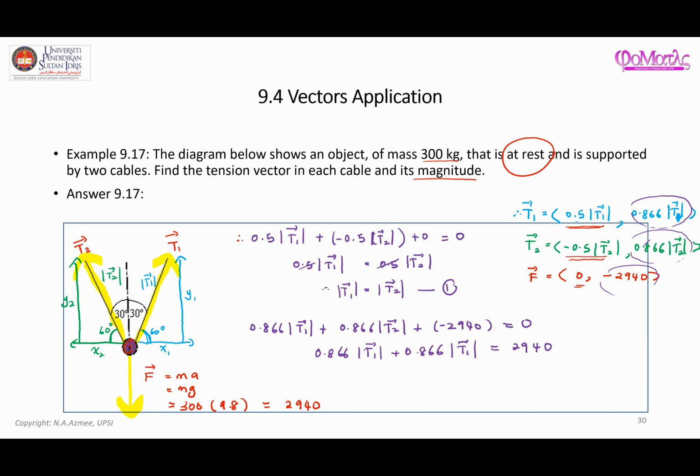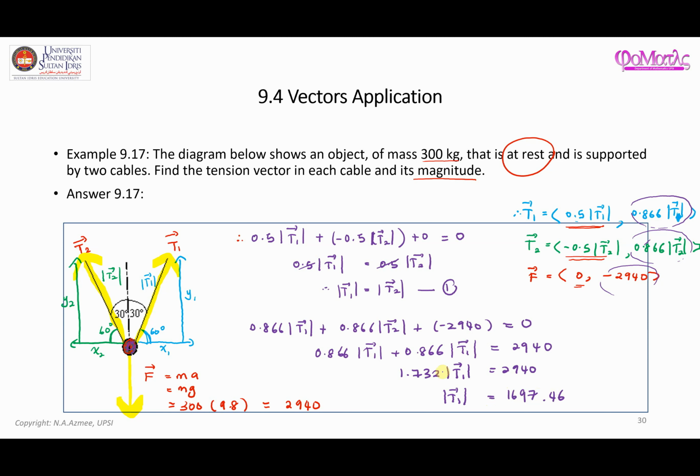Based on this, you will see that I will have about 1.732 times the magnitude of vector t1 is equal to 2940. Therefore, the magnitude of vector t1 is equal to 2940 over 1.732, which is equal to about 1697.46.